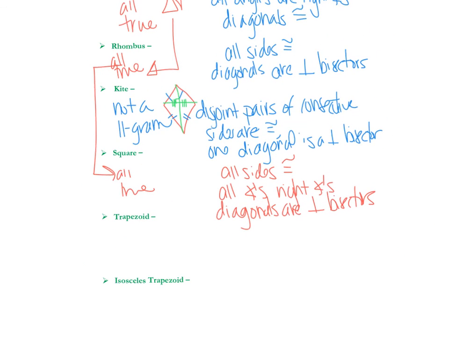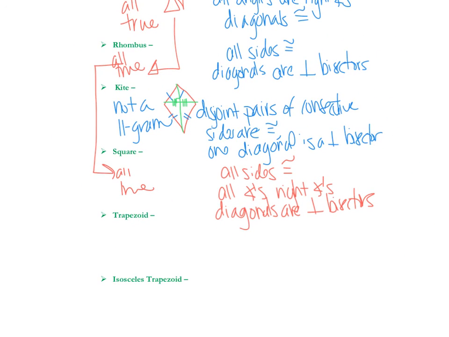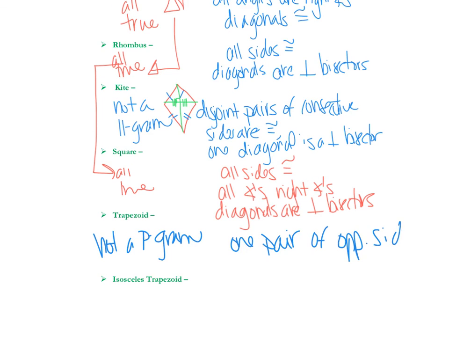Okay. And then finally, I know there's a lot. Don't worry, we're going to be practicing these quite a bit. We've got a chart for tomorrow, or the next lesson, I should say. Trapezoids are not a p-gram, which basically means parallelogram. What they are is one pair of opposite sides are parallel. So instead of having both pairs, only one is.